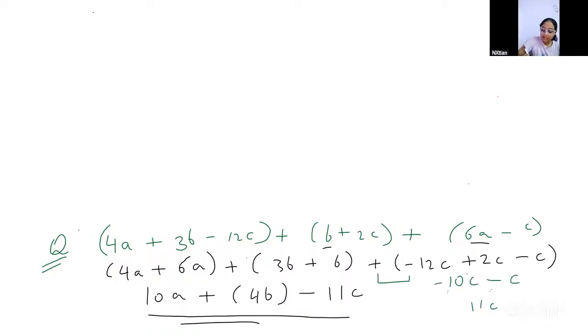In the column method also we add, but we add them in a column form by arranging them. I just have one question, ma'am. There's no subtraction, right? Subtraction is also there, Abraham.